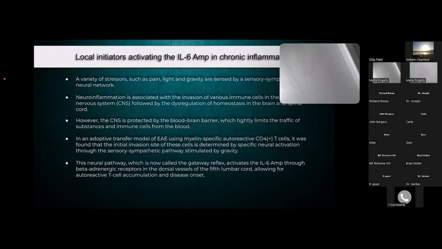This neural pathway, which is now called the gateway reflex, activates the interleukin 6 amplification through beta adrenergic receptors in the dorsal vessels of the 5th lumbar cord, allowing for autoreactive T cell accumulation and disease onset.